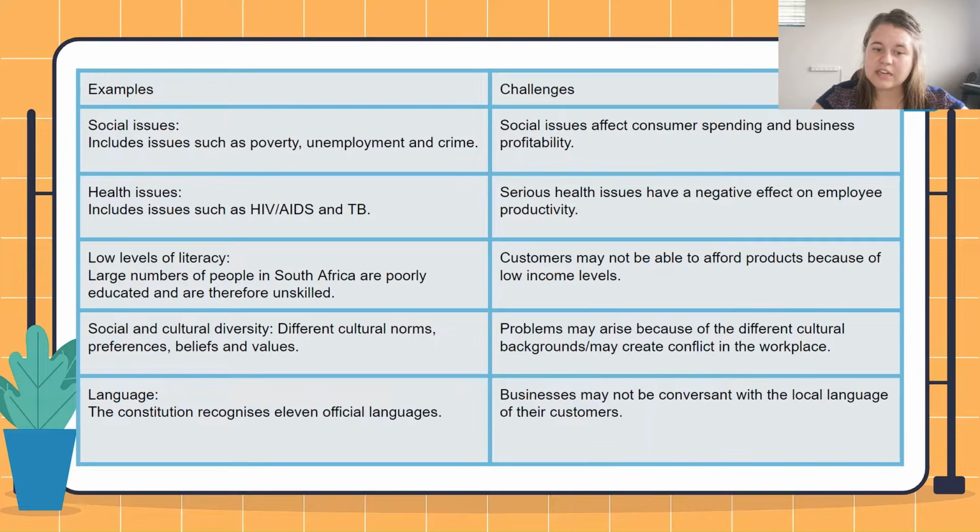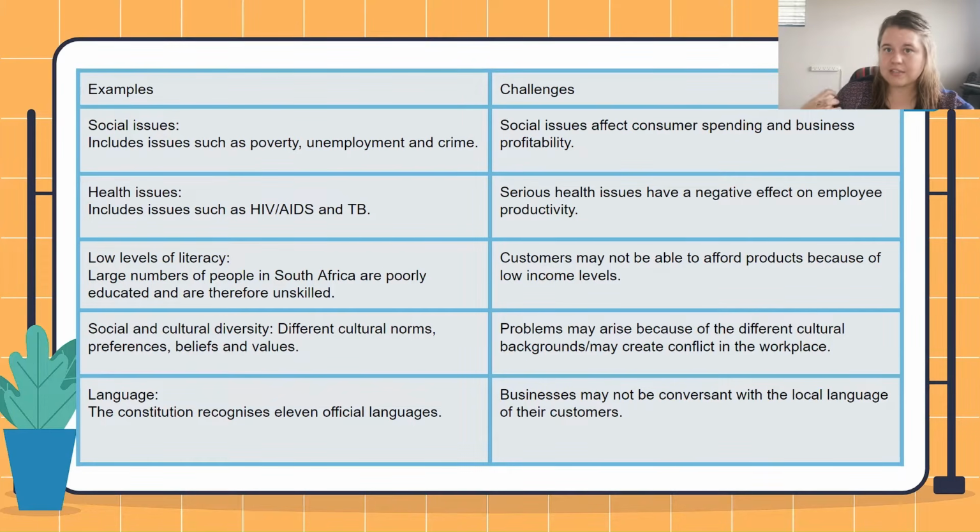Health issues such as HIV, AIDS, and TB. Serious health issues have a negative impact on employee productivity. So in this one, yes, we're looking within the business, but there could be an outbreak of TB or HIV in a certain country or a certain region, and that'll affect your employees.